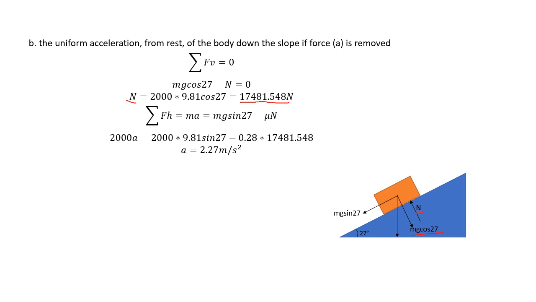The sum of horizontal forces equals mass times acceleration, which equals the weight pulling it down the hill minus the friction. We put our normal force in there and solve for an acceleration of 2.27 meters per second squared going down the hill.